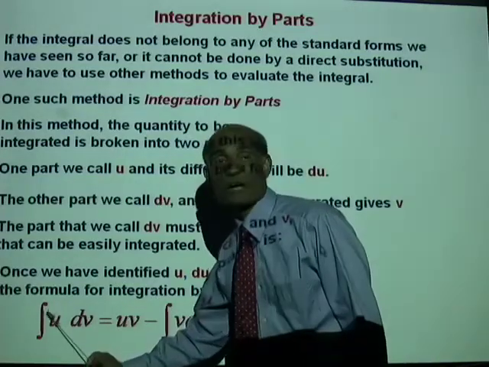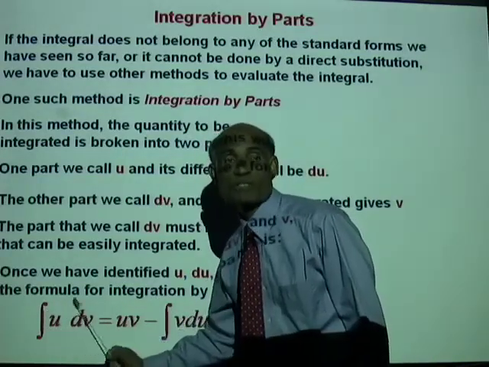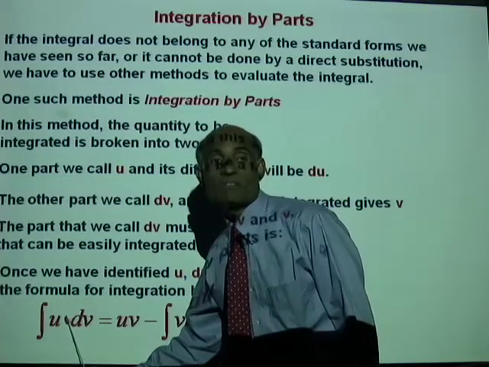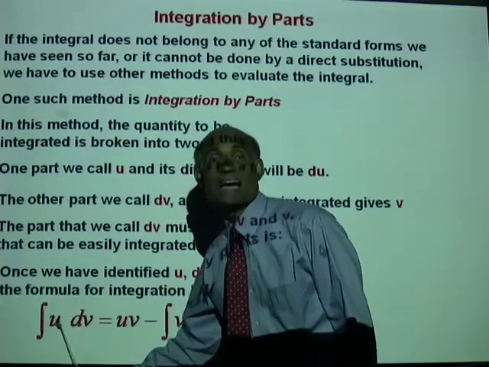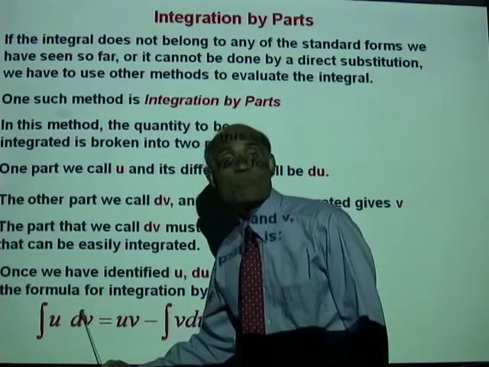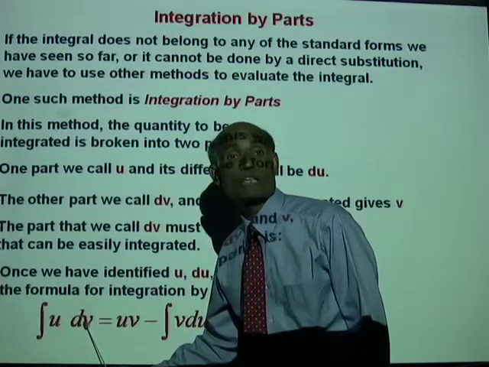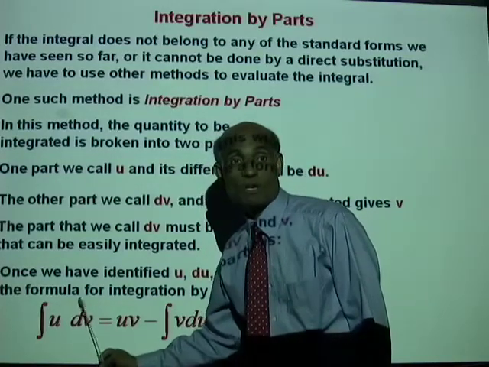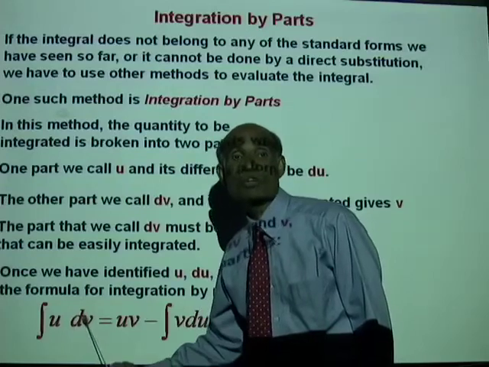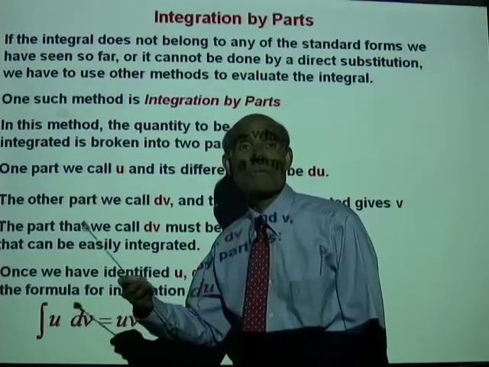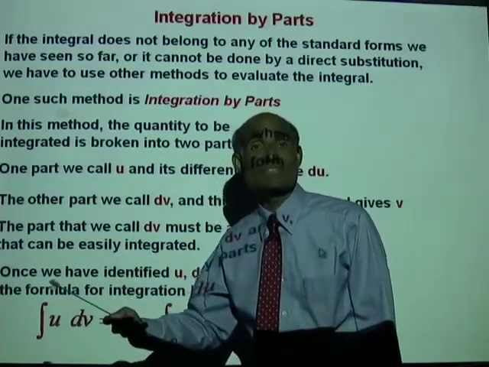So, once you have a quantity to integrate, we identify one part of it as u, and the other part will then be called dv. Remember, the part that you call dv must be a form that can be easily integrated.